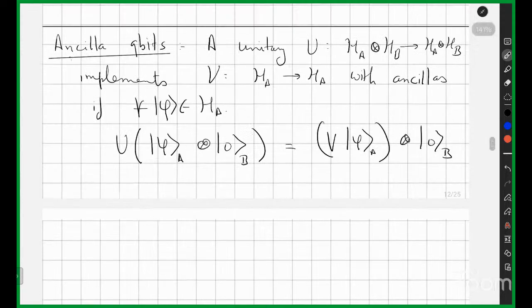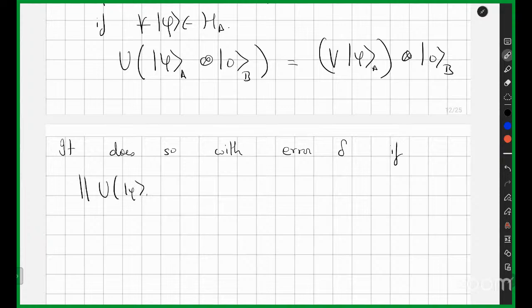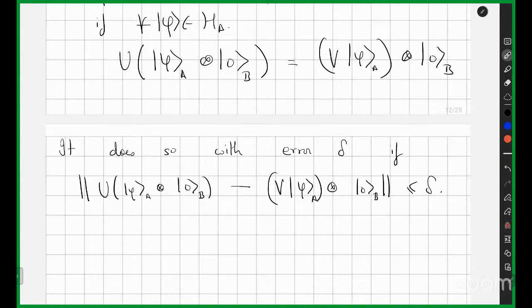So you can also have a version of this with error delta, if, for every phi.